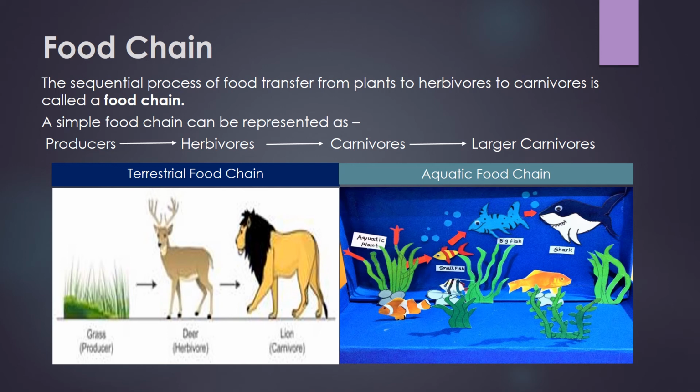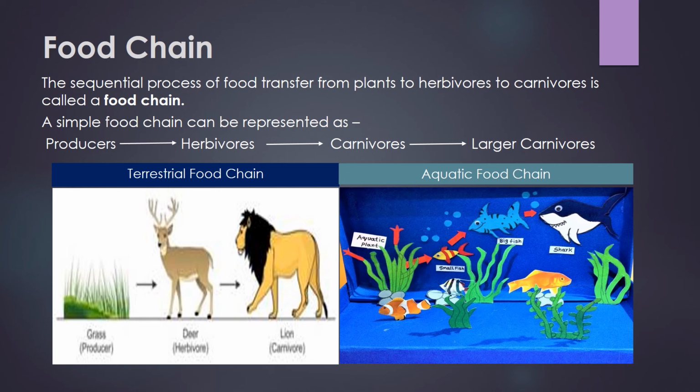Hence they are known as producers. In the producer category we include all the green plants. Green plants are eaten by herbivores, and herbivores are in turn eaten by carnivores. Carnivores may further be eaten by other carnivores. So this is the sequential process of food transfer.